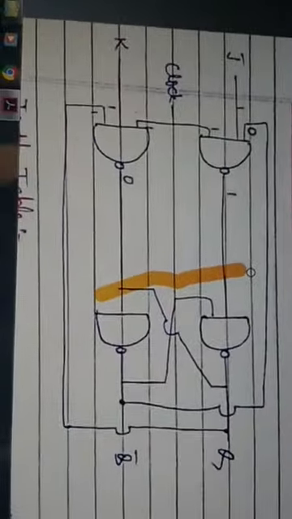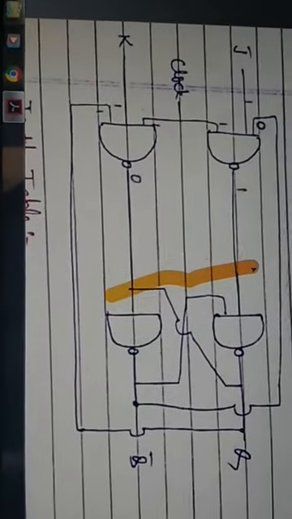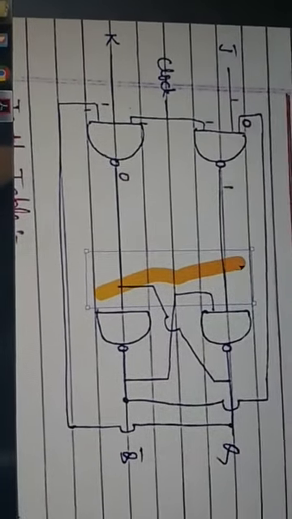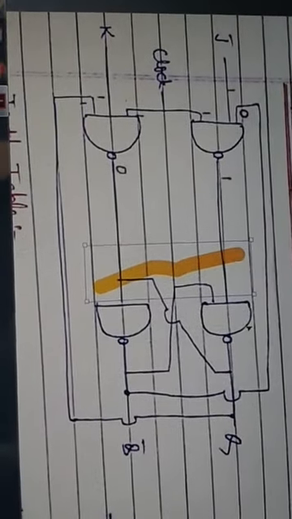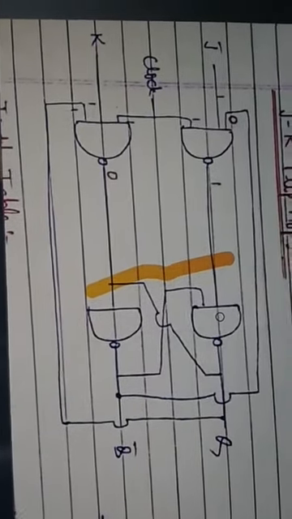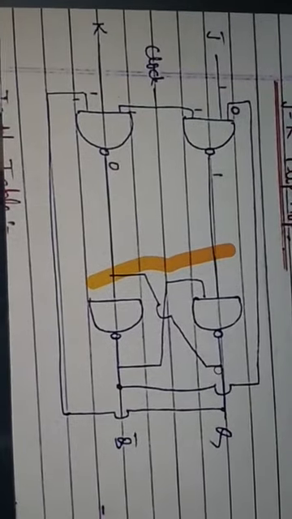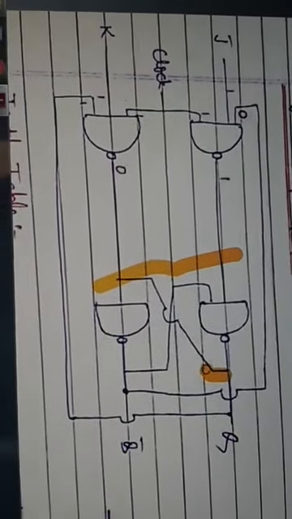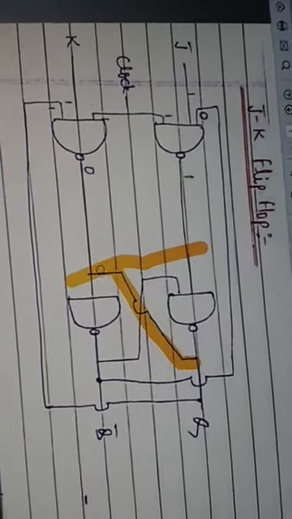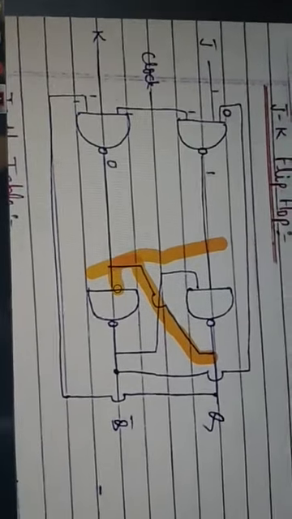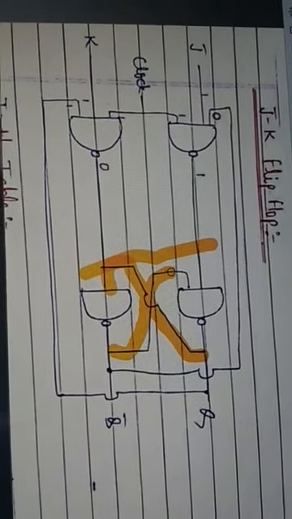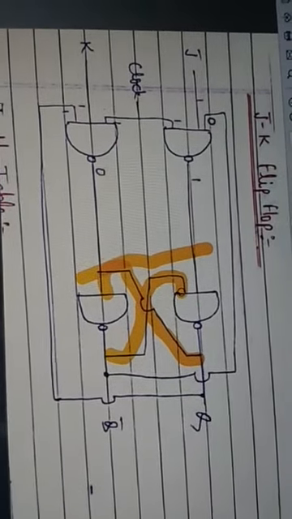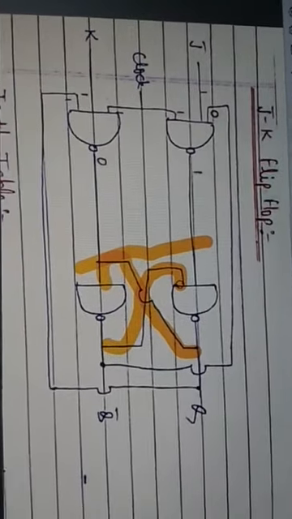Gate number 2 and gate number 4 are just like an SR flip flop. Last day, the output of the first gate was an input of the second gate, and the output of the second gate was an input of the first gate, the same as the SR latch.